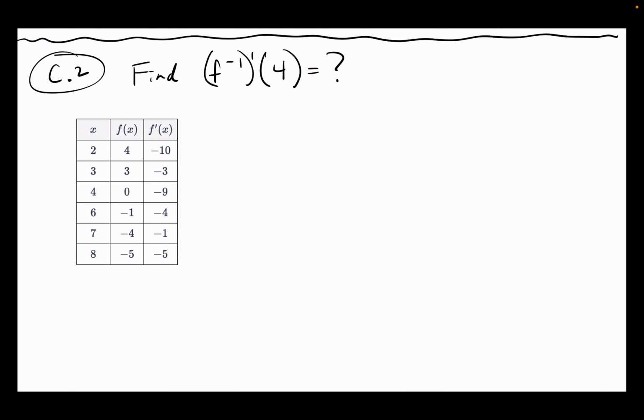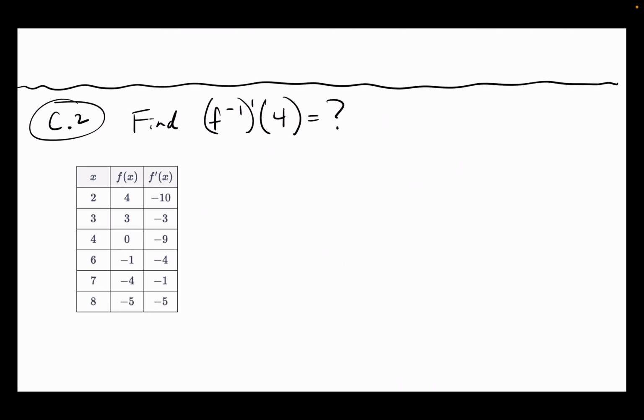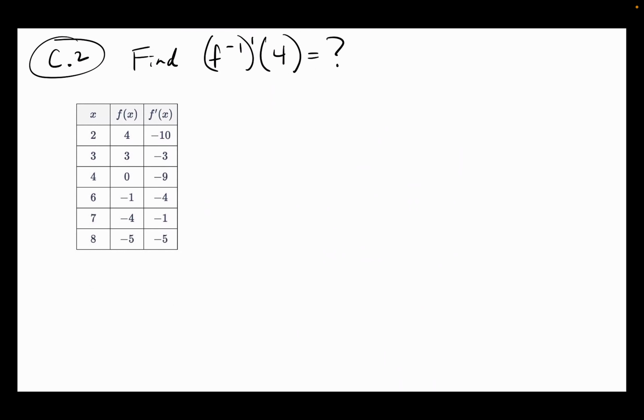So what is f inverse, the derivative of the inverse at 4? I'll give you a hint. The answer is going to be a fraction. It's going to be negative 1/10.